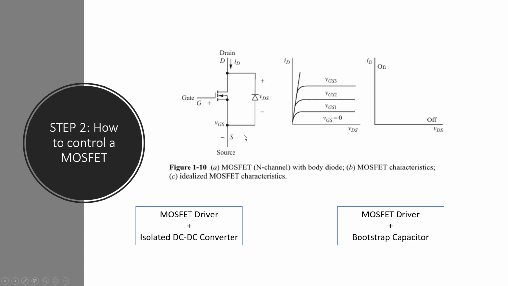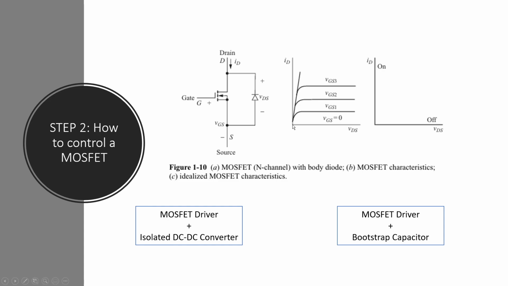In ideal conditions, the gate voltage is linear with how much current can flow. But in reality, there are some non-ideal characteristics, so you can read more about this in a power electronics book.